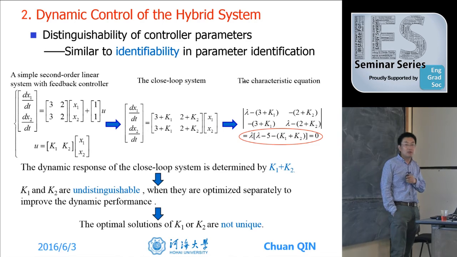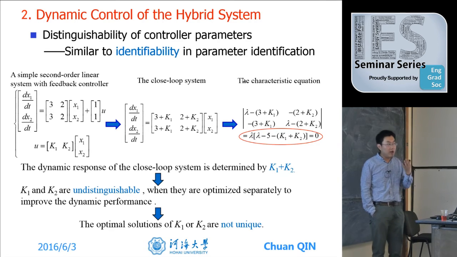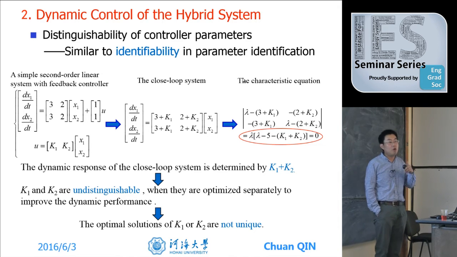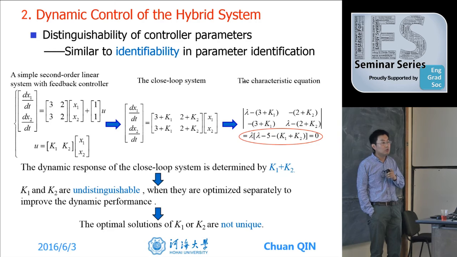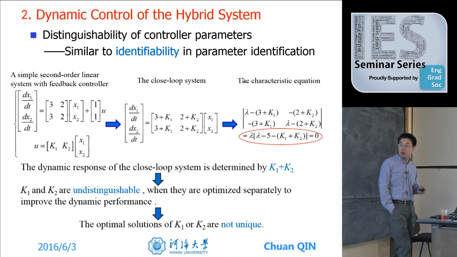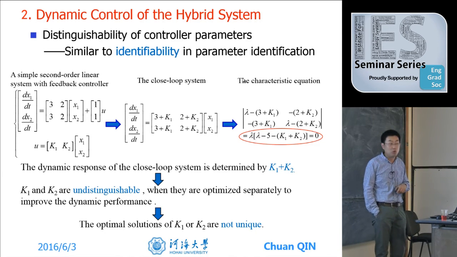That means, in other words, if I optimize K1 plus K2, maybe it will have a unique optimal solution. But if you optimize K1 or K2, the optimal solutions of K1 or K2 are not unique. So we say that K1 and K2 are indistinguishable when they are optimized separately to improve the dynamic response.